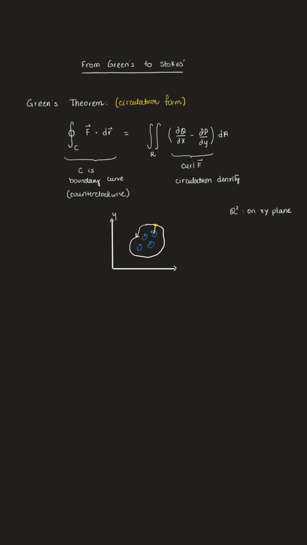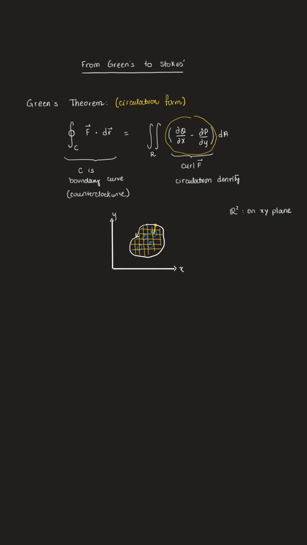We did this by breaking up our region into rectangles and measuring the circulation of a very tiny rectangle, and that resulted in the expression that gives us the curl. So we derived Green's theorem about a week and a half ago, and the circulation form of Green's theorem, of which Green's is a special case of Stokes' theorem.